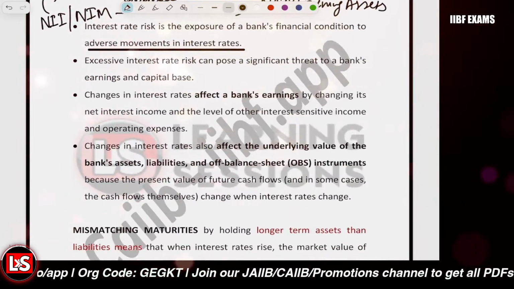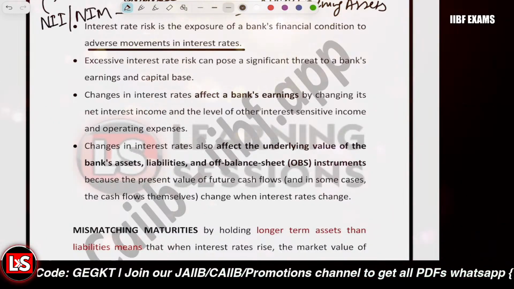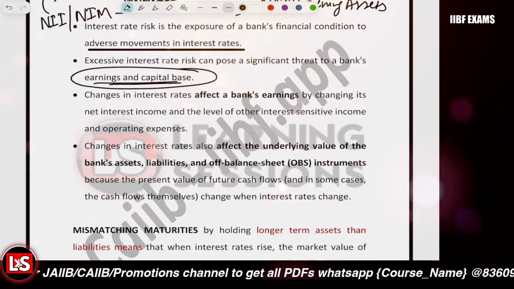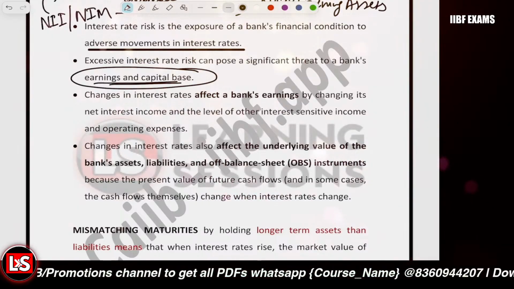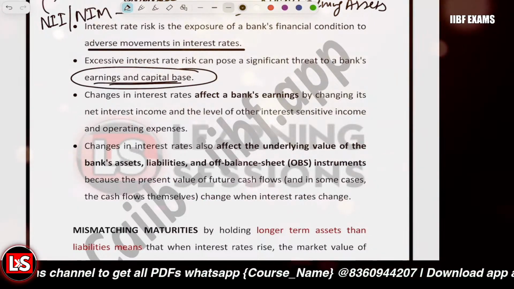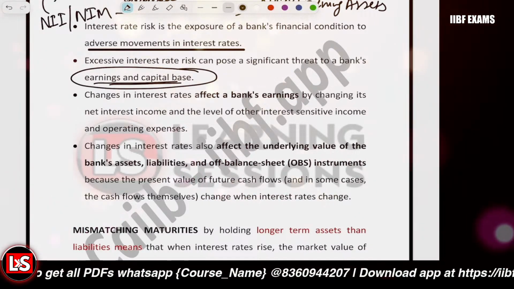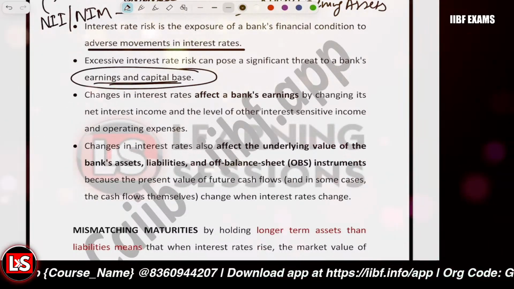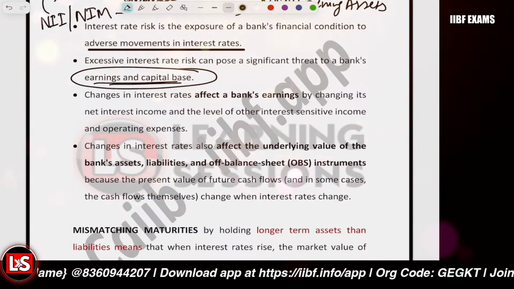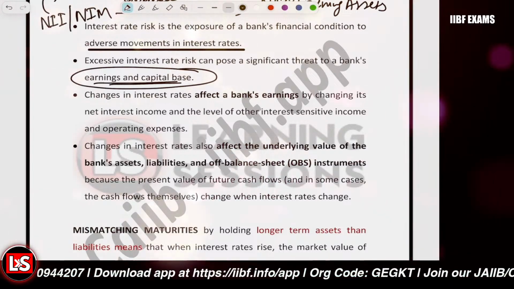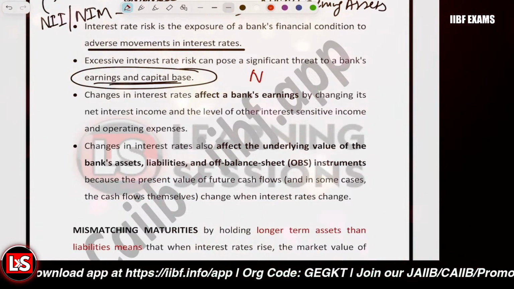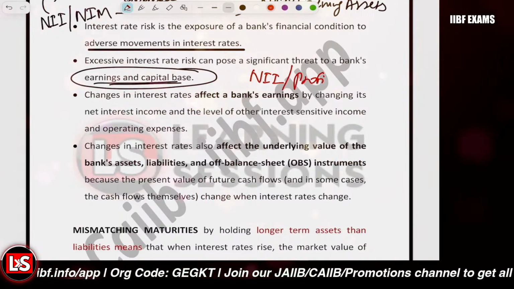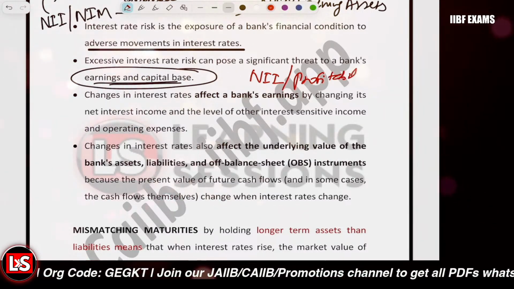So when there is an impact, it's going to impact your earnings. It's going to impact the capital base, and definitely it's going to impact our net interest income and net interest margin. So the first impact would be related to the change in interest rate, and it's going to impact our net interest income and profitability.